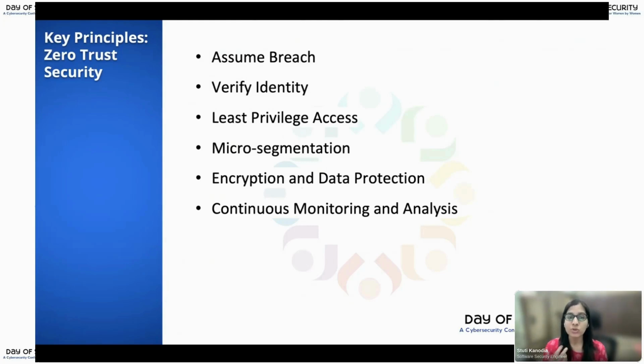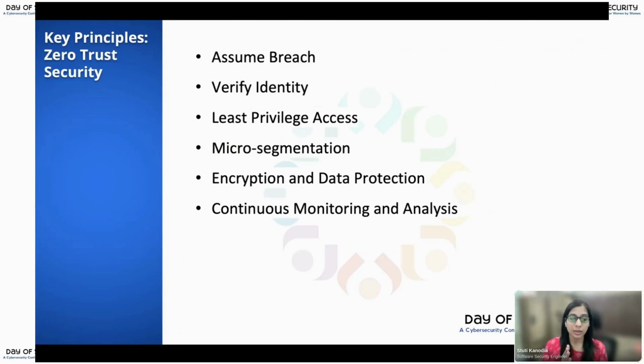Earlier, we had not divided the network into small segments, and it was basically one set of networking within which all your devices or applications were present. But now we try to divide the networks based on the access levels.